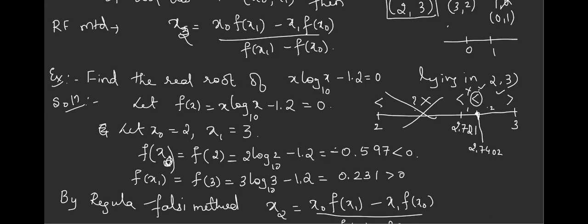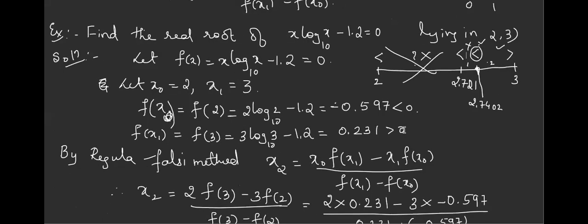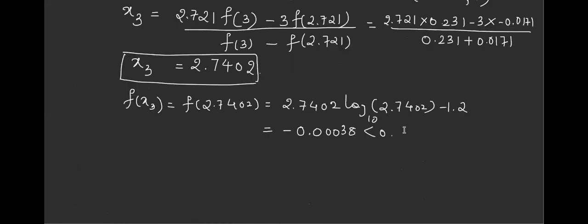Got it? Again, the interval is reduced. Others, is the point clear? Every time we have to go on checking f of a into f of b less than 0 only. So f of 2.7402 should be taken with 3 or the earlier one? 3 only, no?